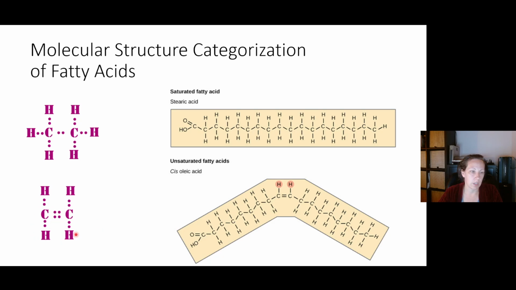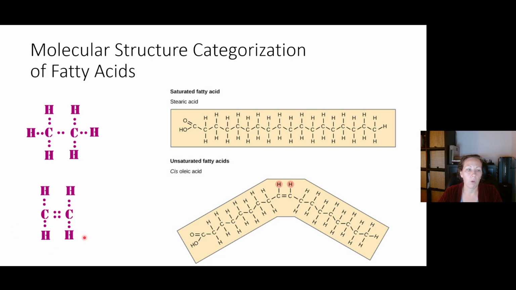So in this case here at the bottom, this carbon on the right, 2 of the valence electrons are bonded with hydrogen, and it would have a third one that needs to be bonded with hydrogen, but there's no hydrogen there. And so instead it's going to form a double bond with the carbon, and both of these do that, and fill up those valence electrons that way.